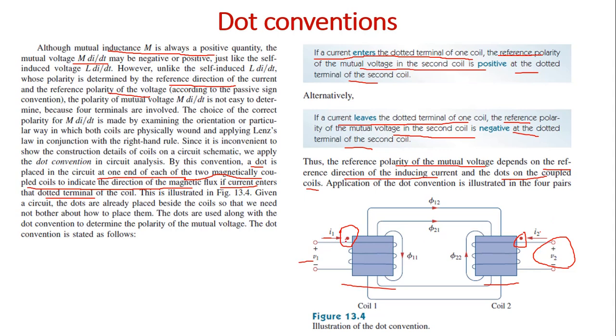Okay, so because of I1 we will have one self-inductance and one mutual inductance, right? Phi 11 plus phi 21.